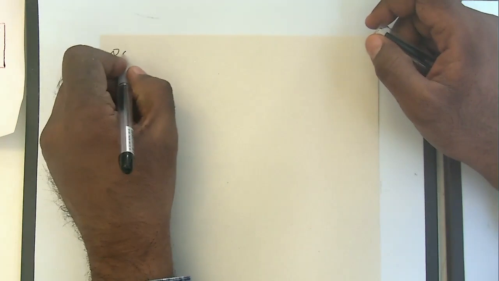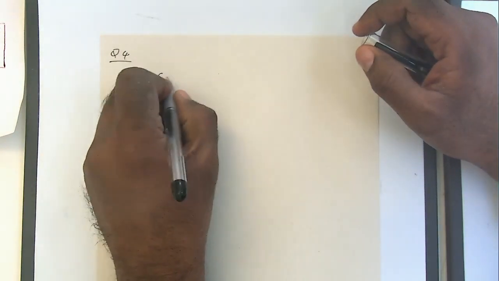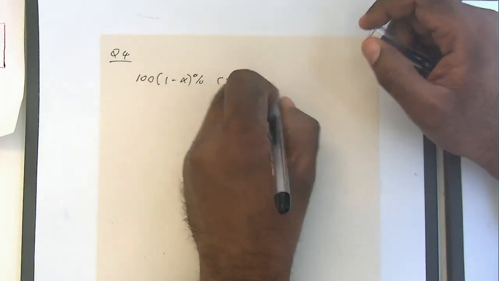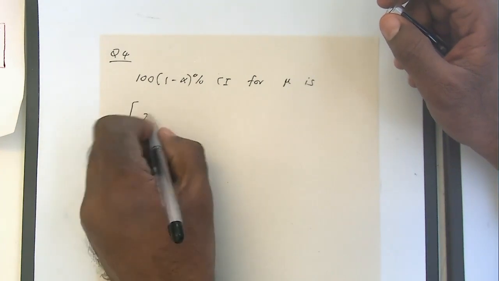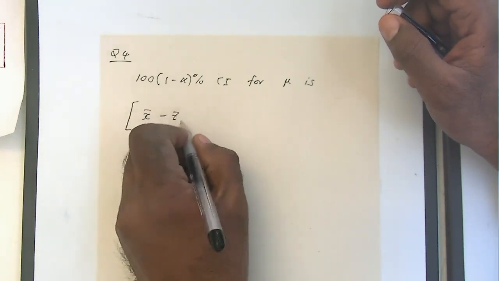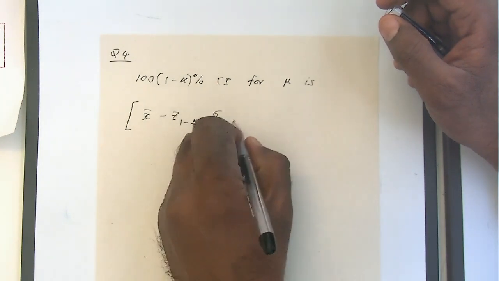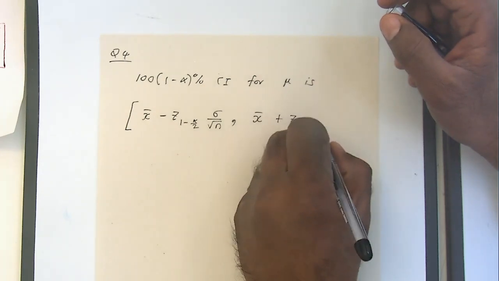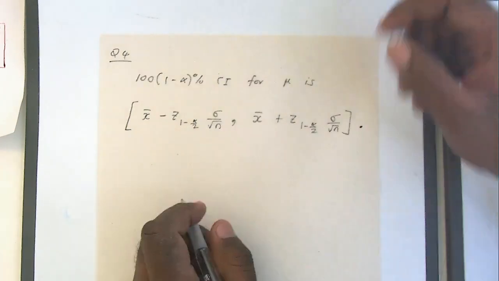Alright guys, so let's do the first part of question 4. Now we know the 100 times 1 minus alpha percentile CI for mu is x bar plus or minus the margin.